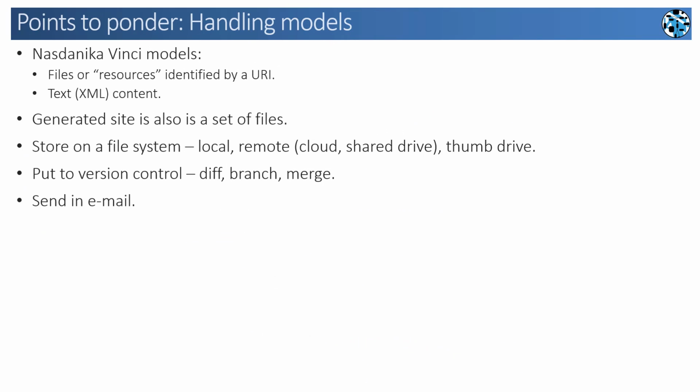The following slides provide some additional information which may help you with the final next step, to start using Nasdanika Vinci in your solutions. First of all, keep in mind that Nasdanika Vinci models are files, and internally they are text, or more precisely, XML files.